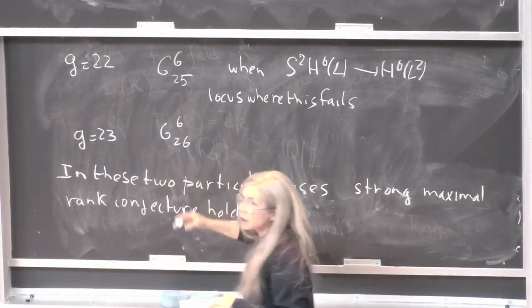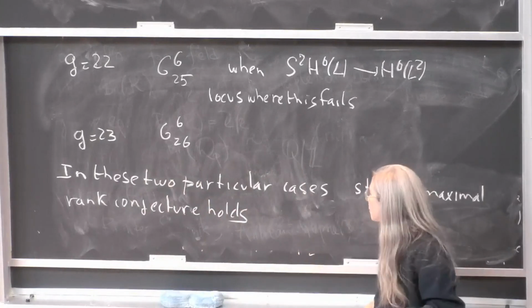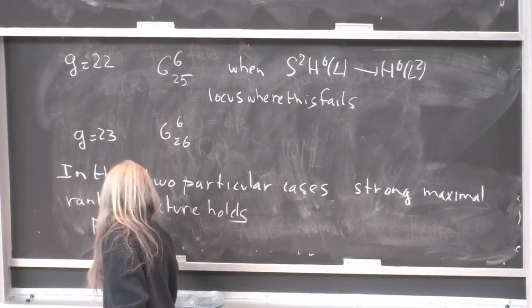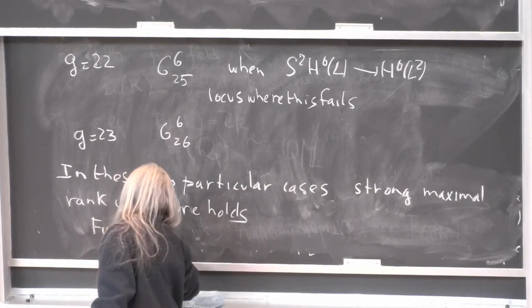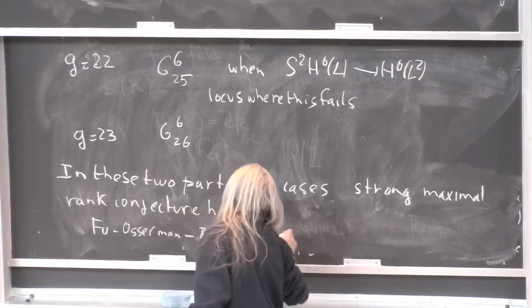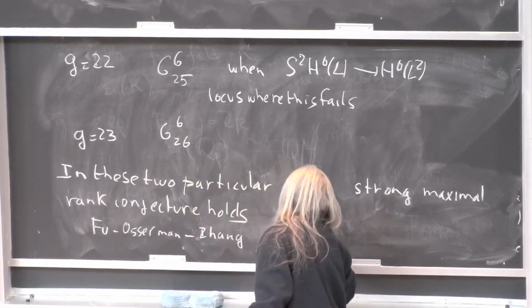And that has been shown again independently by the same two groups of people that I mentioned before. So on one hand, Farkas, Jensen, Payne... I mean, Farkas, Osserman, myself and Zhang, and Jensen and Payne.